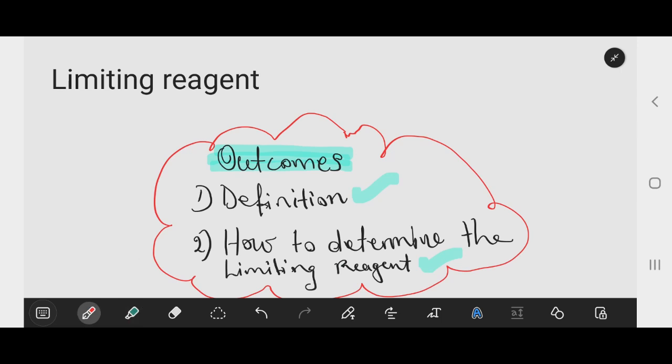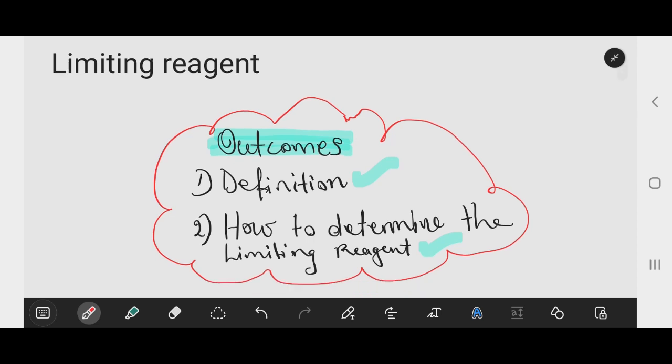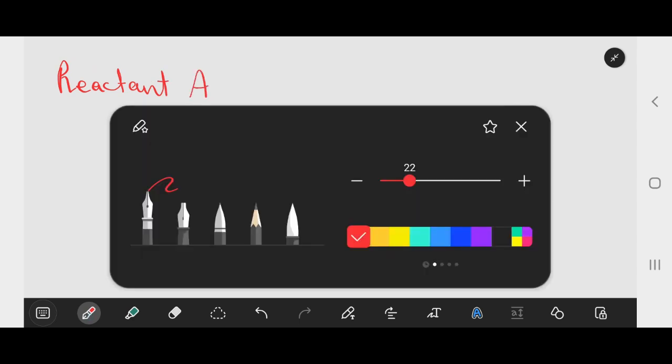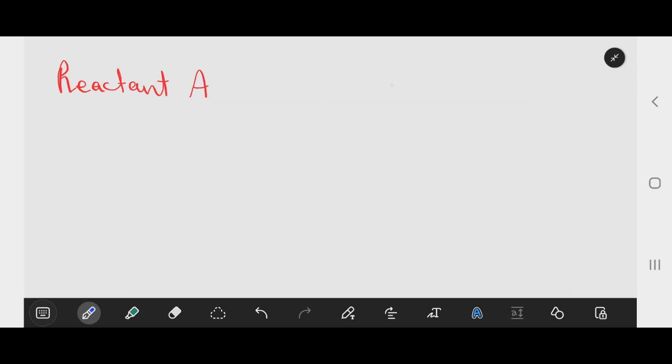Right, so let's say we have a scenario whereby we have a reactant, let's say reactant A, and we also have reactant B, and we take these two reactants and then we mix them.